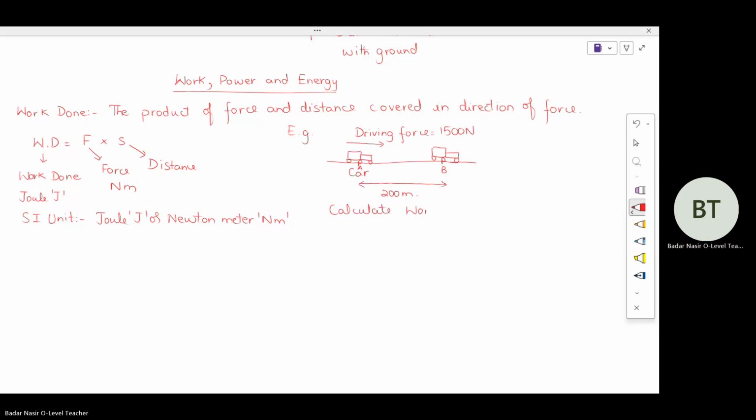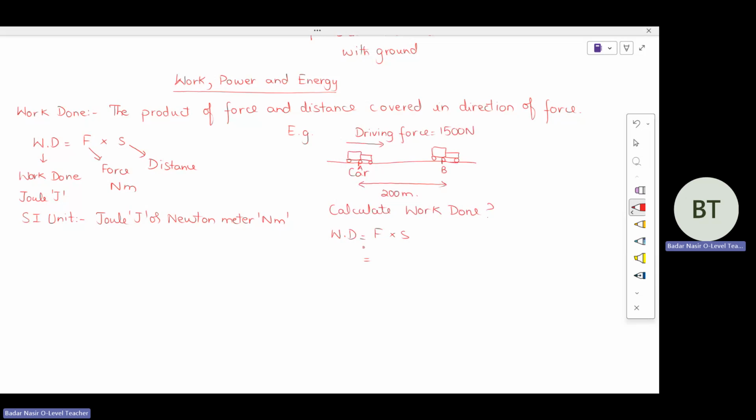So if I ask you to calculate work done, we will use the formula: work done is equal to force into distance. But one thing we have to keep in mind is that the direction of the force and the direction of the distance should be the same.